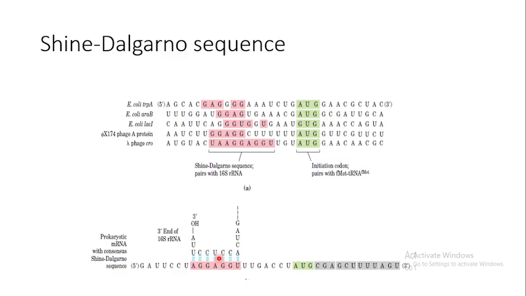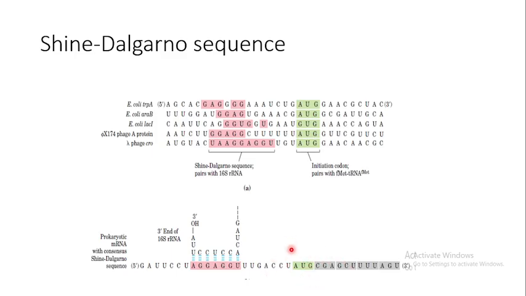Which is complementary, right? So that's how the mRNA can position itself to the 30S ribosomal subunit, right? And the start codon AUG will be very close to the Shine-Dalgarno sequence. So that is the translation start site.